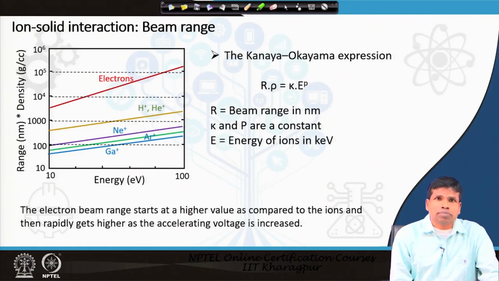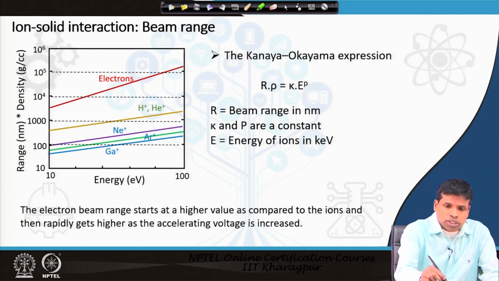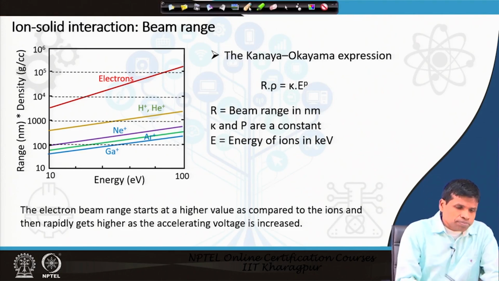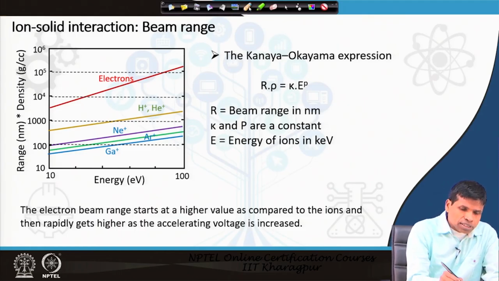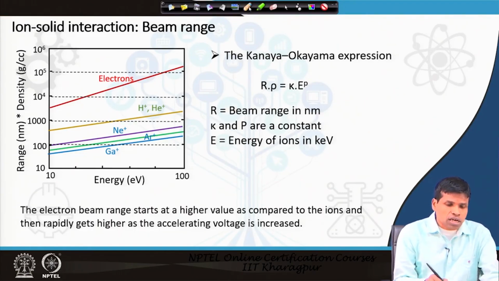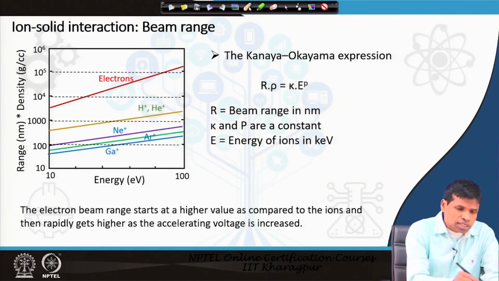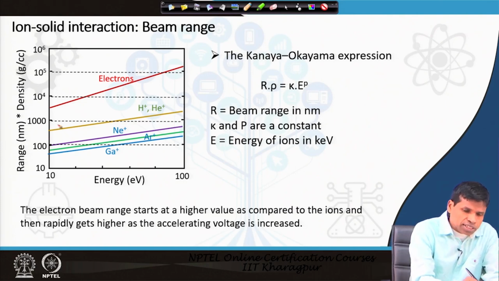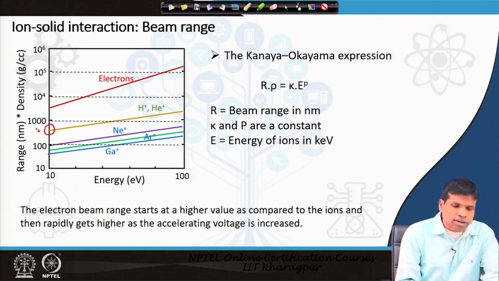The first thing is the beam range, which we have discussed earlier. The beam range is an important factor in signal generation. As we see here, the ion beam range, or nothing but the range to which it goes inside the specimen, is smaller in the case of hydrogen and helium ions.